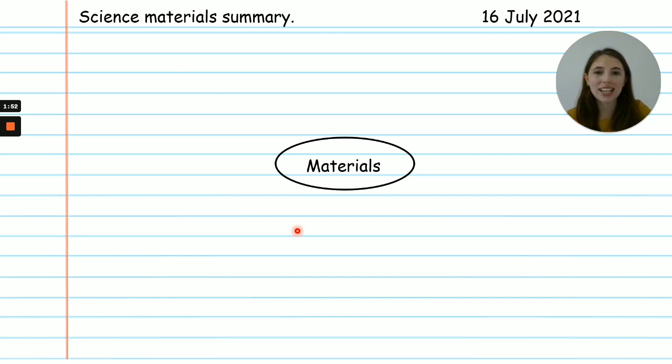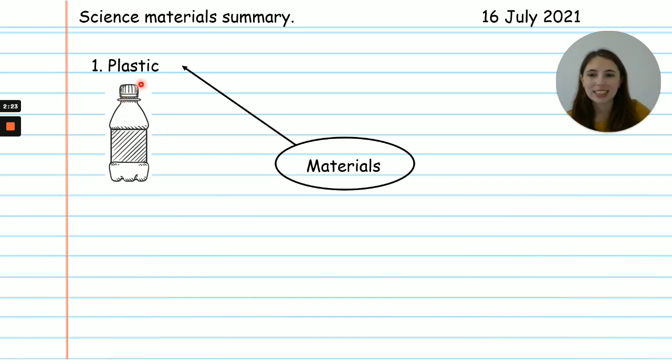So the first one, draw an arrow like this and then write down. Number one is plastic. And now you draw a picture of something that is made of plastic. So quickly draw this picture right here.